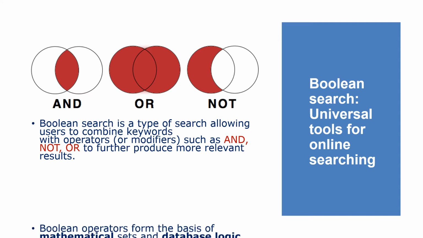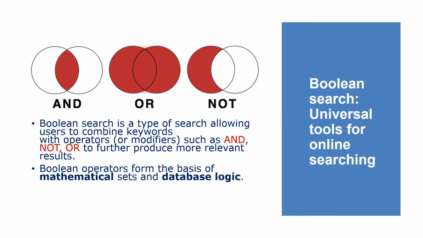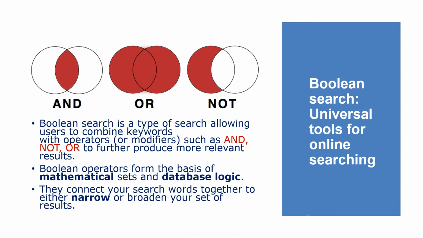Boolean operators form the basis of mathematical sets and database logic. They connect your search words together to either narrow or broaden your set of results. Note that AND, NOT, and OR will generally need to be in uppercase, capital letters, when used as a search operator.